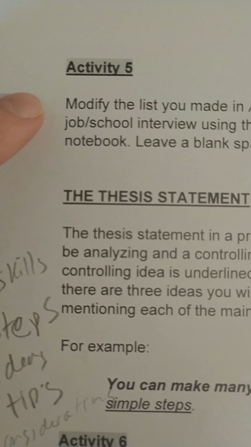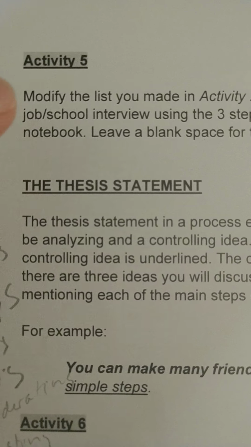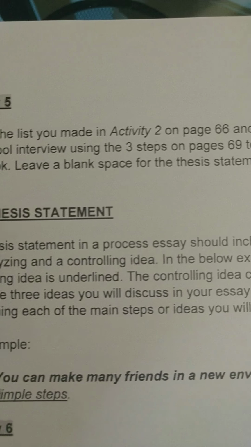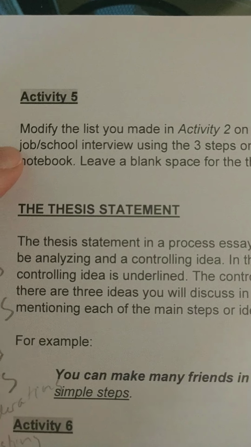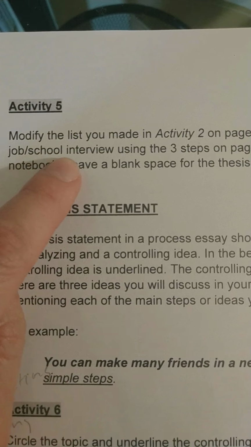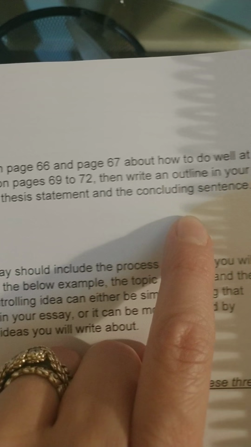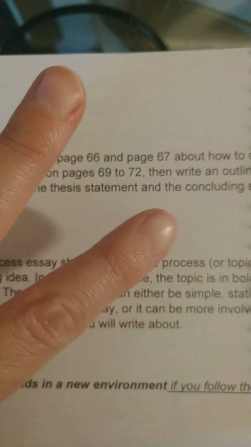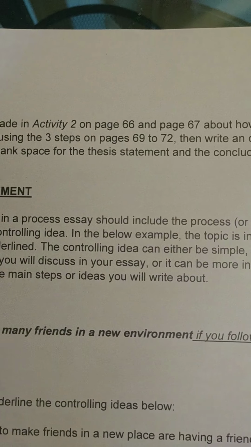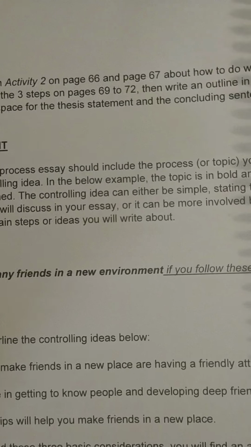Okay, so this one, I want you to actually write an outline, okay? Now, because you're not going to write an essay about a job or school interview, you can leave a blank space for the thesis statement and the concluding sentence. I just want to see your 3 ideas, your 3 points that you come up with, okay? So that's the next one.